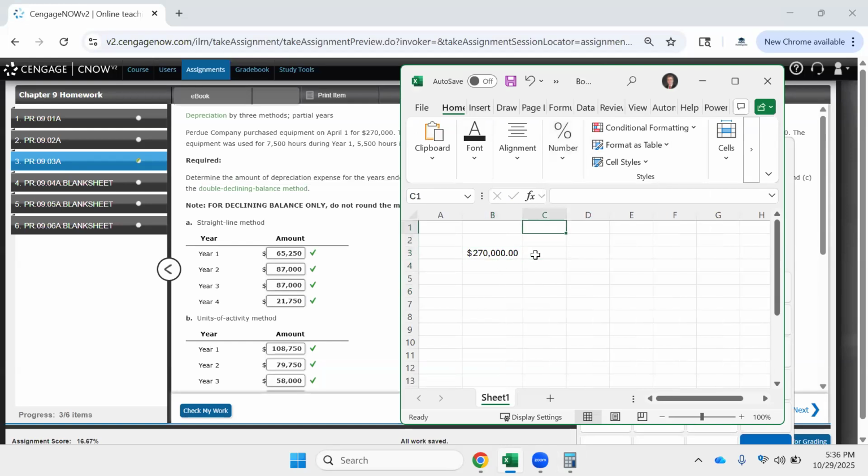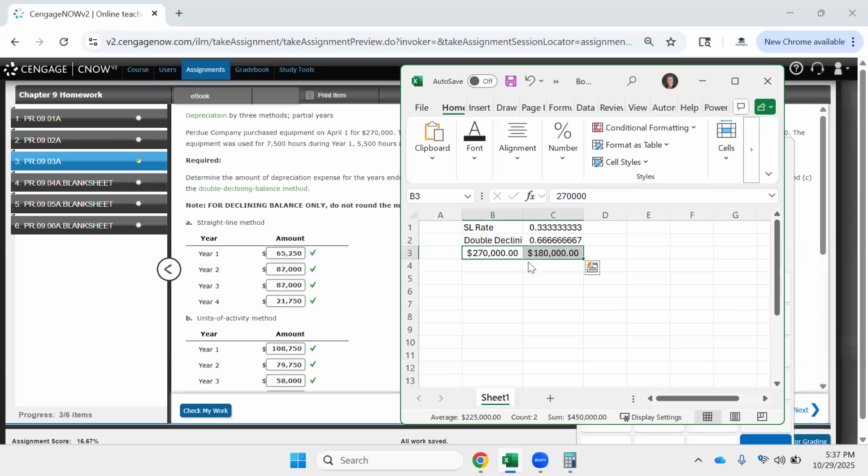Our straight line rate is 1 divided by 3. Our double declining rate is equal to our straight line rate times 2. And to get our year one depreciation for the full year, we take the double declining balance rate of 66.67% multiplied by 270,000, and that's $180,000 for the full year.